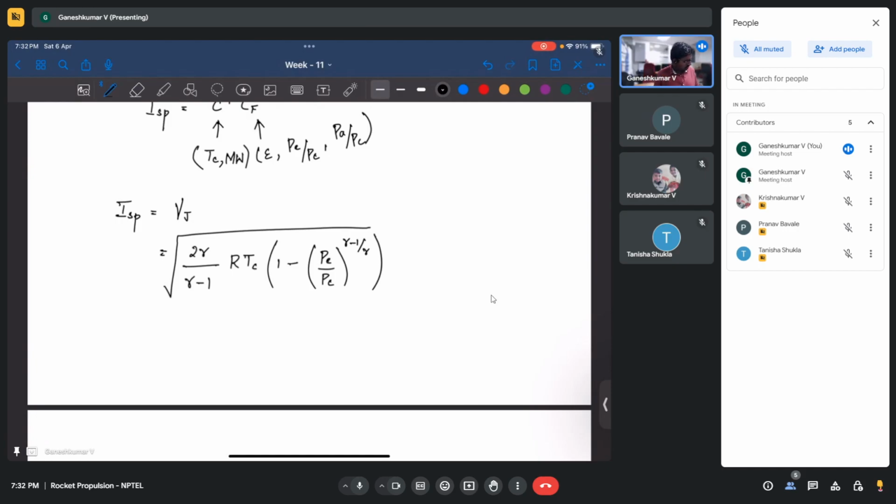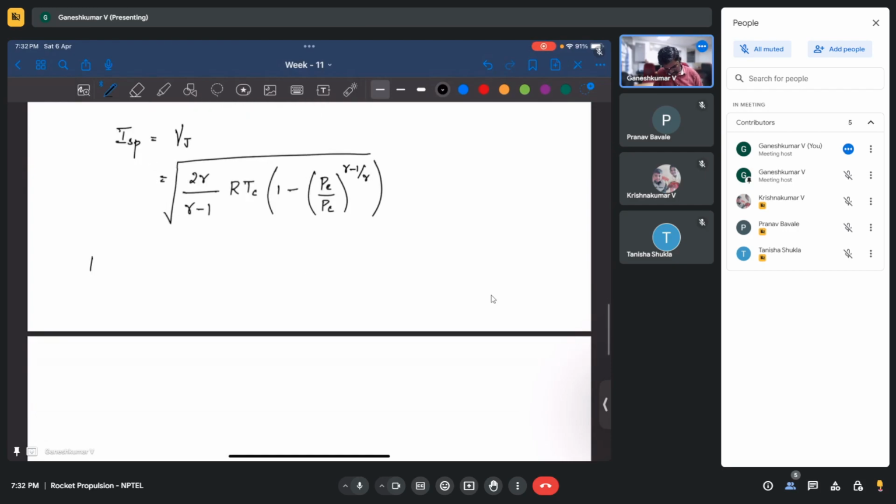Ideally the thrust is nothing but m dot into Vj, plus there will be a pressure term. What is that pressure term? PC minus PA into area of throat.